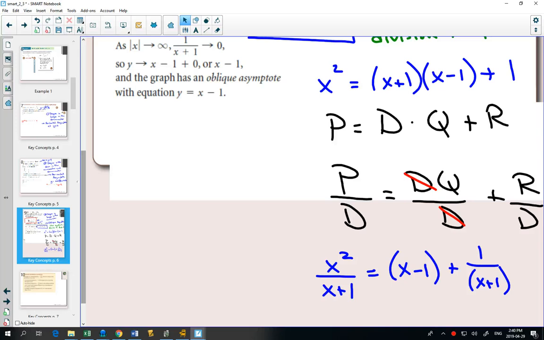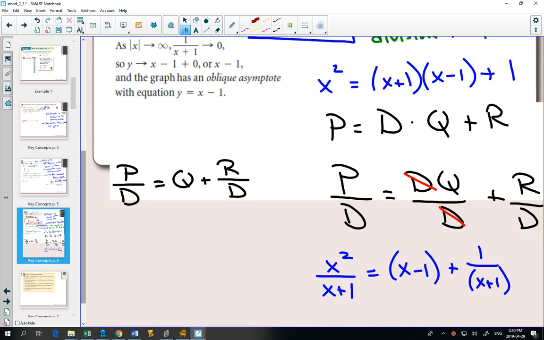Okay? That is another form of the division statement. It's written this way: P divided by D equals Q plus R divided by D. It's just a rearrangement of this one by dividing both sides by D. If you write it that way, you can ask yourself what's going to happen to this side as x gets really, really big.